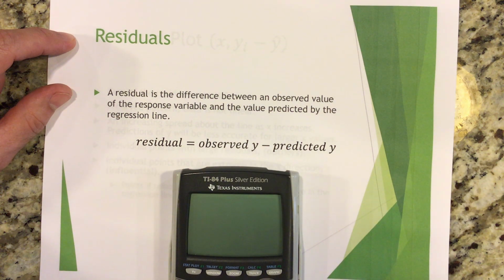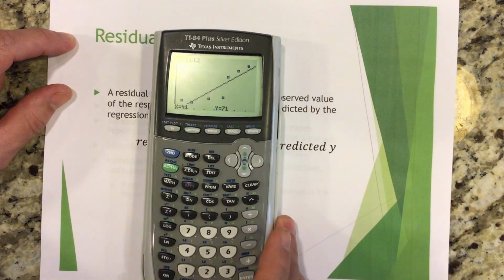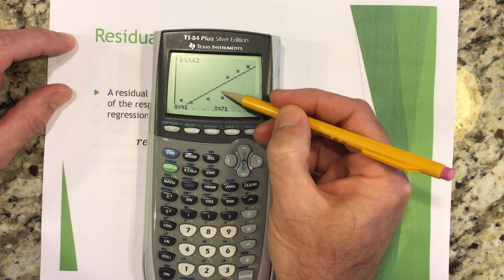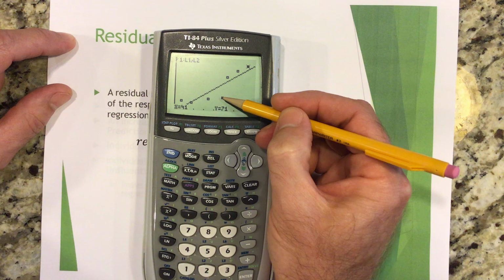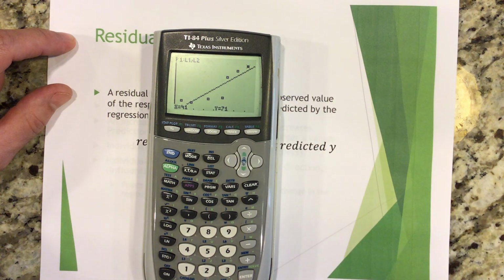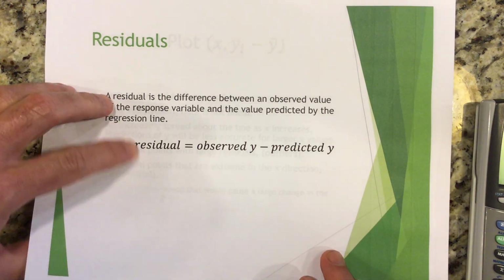A point above the line has a positive residual. When I'm below the line, whatever that vertical distance is, that's its residual, and it's going to be negative, because I take the point's y-coordinate minus the line's y-coordinate. So residual and error are synonyms.